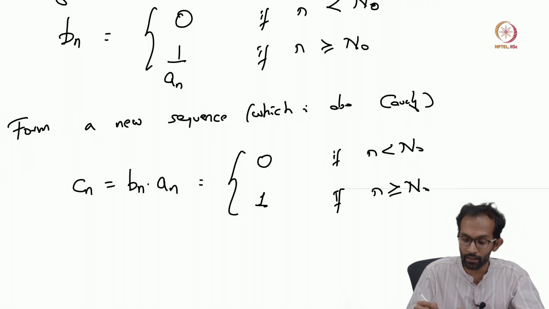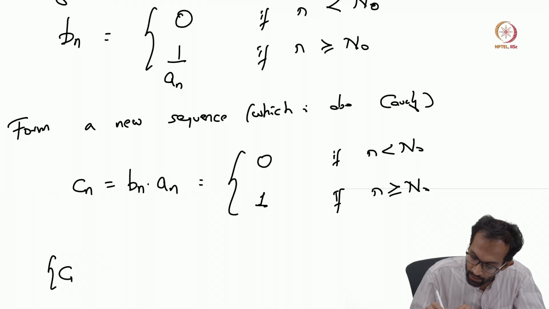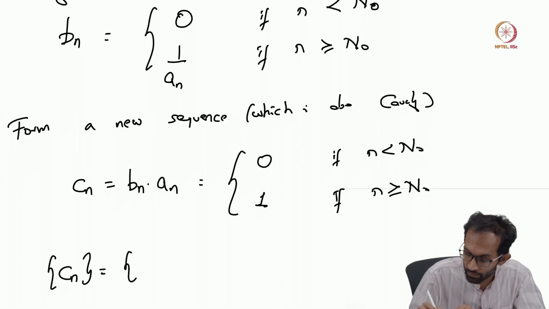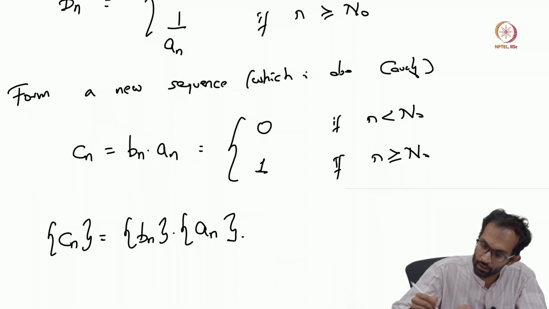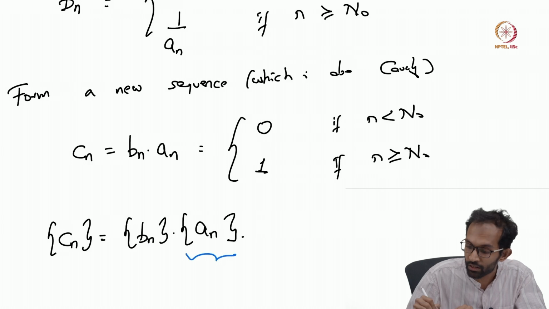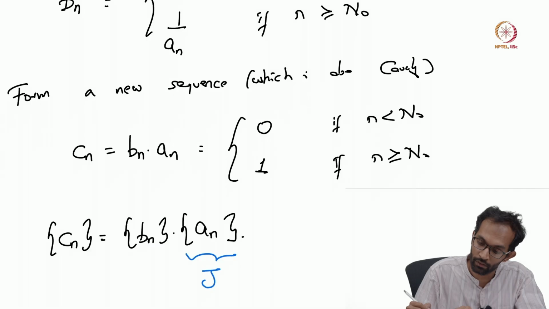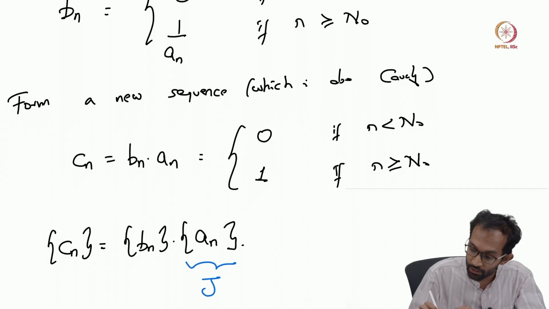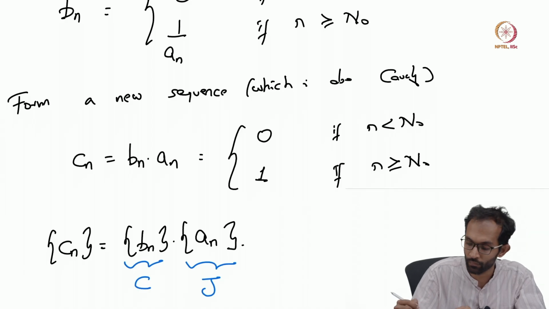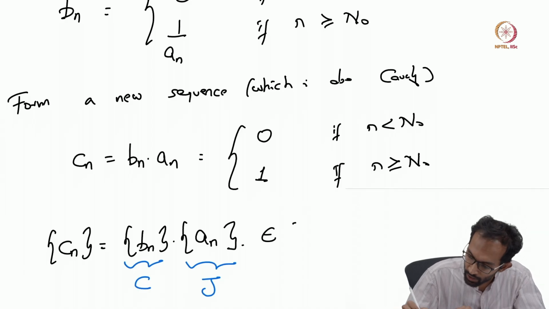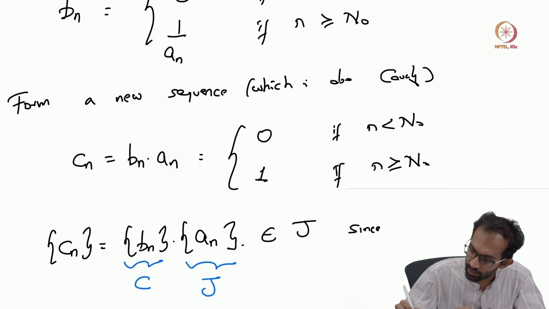Again observe that the sequence c_n is just this product of the sequence b_n and a_n. By construction, the sequence given by the a_n is in J, the sequence given by b_n is Cauchy, so it belongs to C. So this product in fact belongs to J, since J is an ideal.